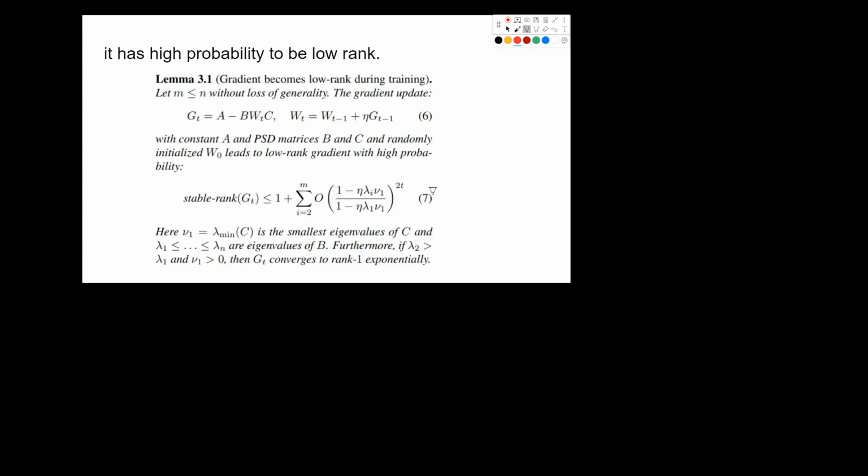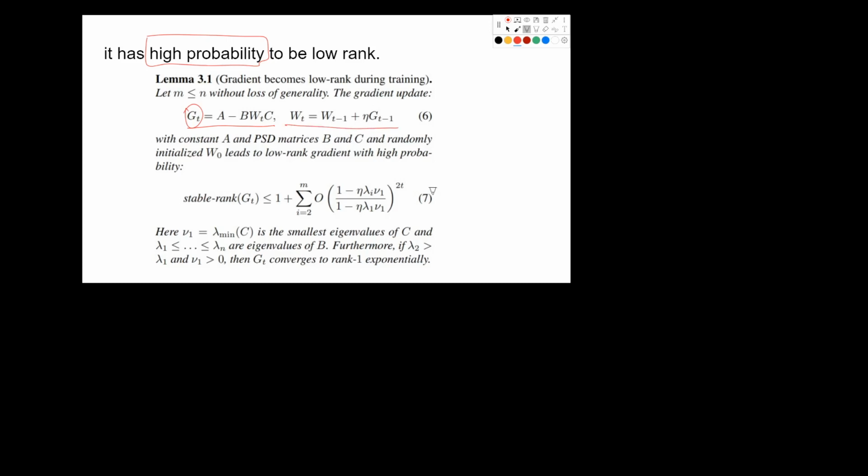So why do we say high probability here? Because we are using a numerical way to estimate the rank of the matrix, so we can only say high probability. So if G is this one, we use the GT decided by this formula to update the weights.